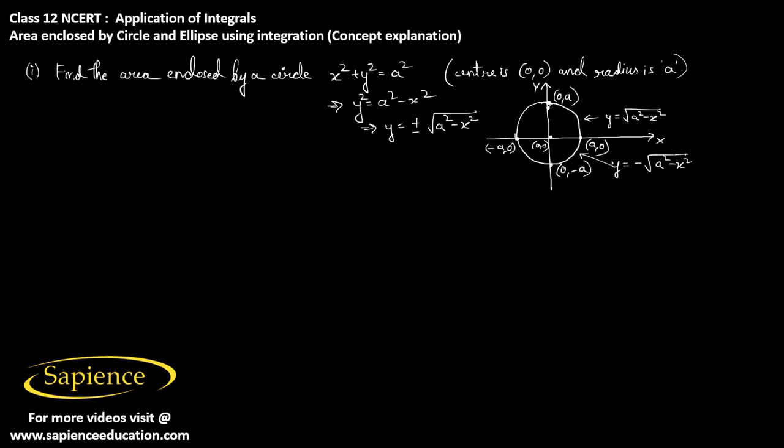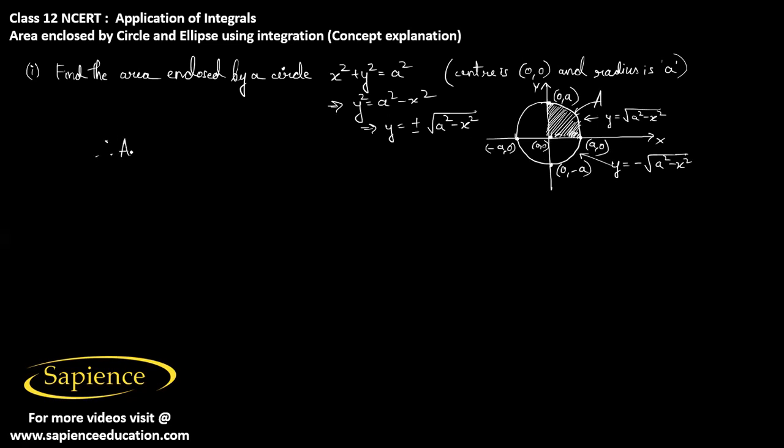Here the circle is obviously symmetric about both the axes. So if we can find the area of this one-fourth part, let's say its area is A, then 4 times this will give us the area of the full circle.